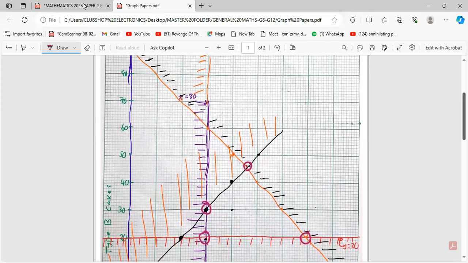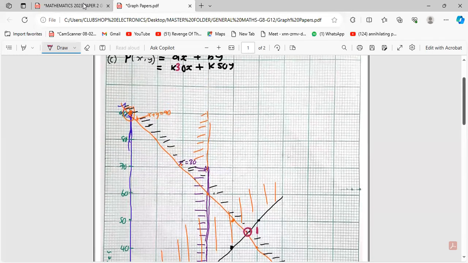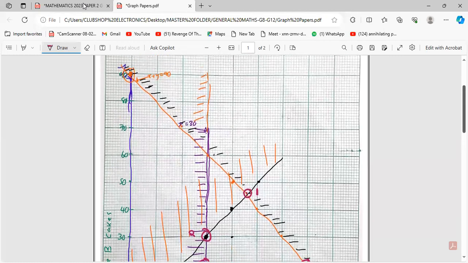When you check at this point, let me call this point 1, this one point 2, this one point 3. You're not supposed to label like that, but I want you to check nicely. So at point 1, we have 45, 45.